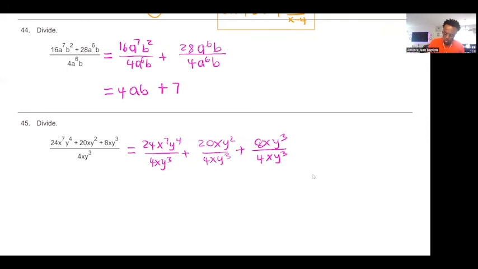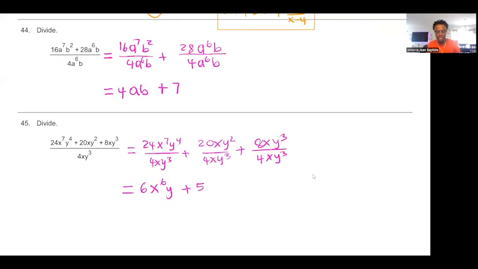So we'll simplify. 24 divided by 4 is 6. X to the 7th, x to the first power, so that's x to the 6th. Y to the 4th, y to the 3rd, that's just y. You subtract 3 from 4. Plus 20 divided by 4, that's 5.